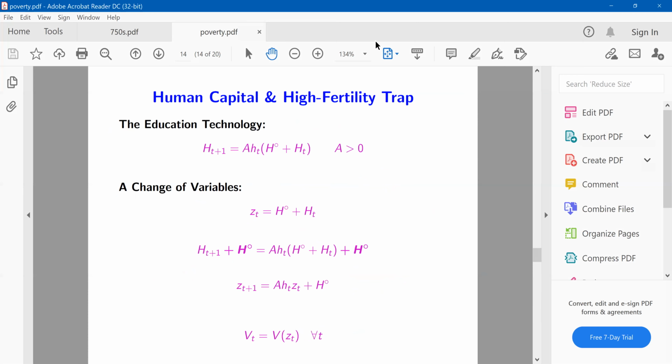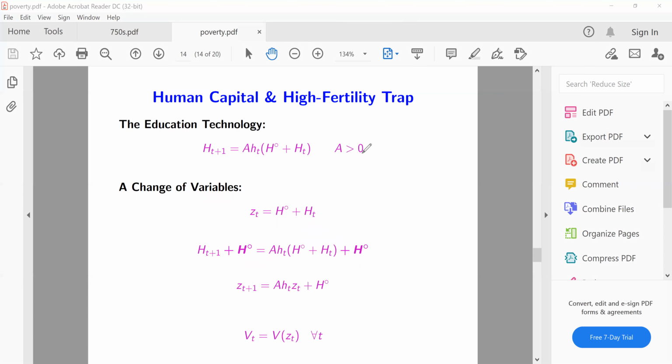So here we have another constant, A. This is the education technology, which means this is an input. This is the time input, the allocation of time spent on kids' education, and that's the knowledge input or human capital input. Why is that there?